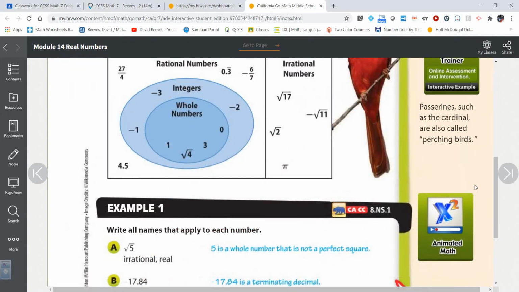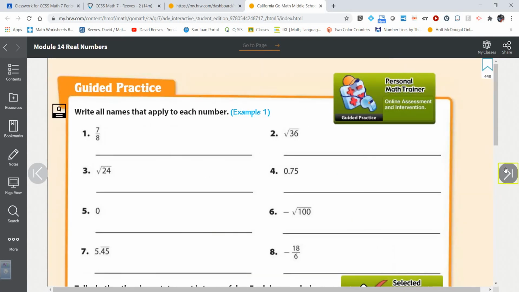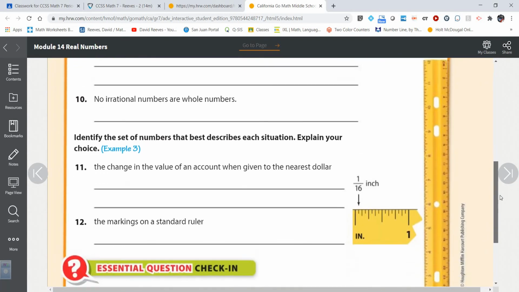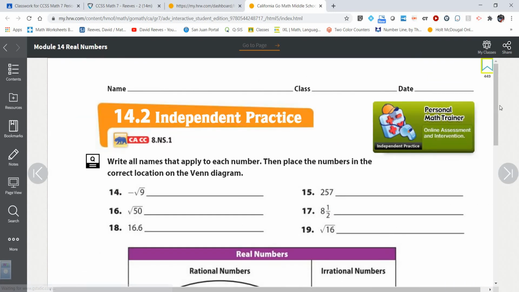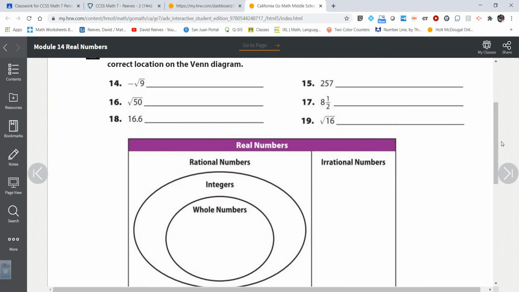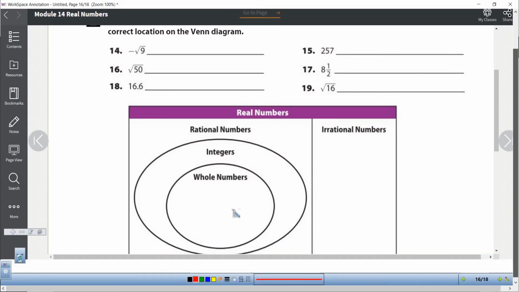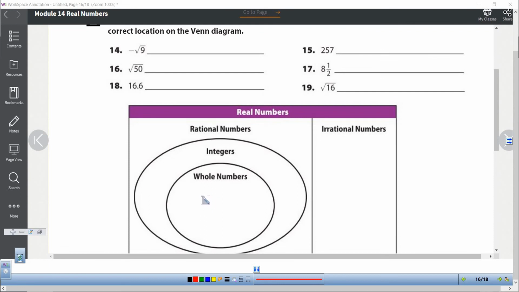All right, guys, I know this can be kind of confusing, so let's keep going and look at some more examples here. I think they ask us to put it into the table. We've got some numbers up here, and I'm going to add in counting numbers.